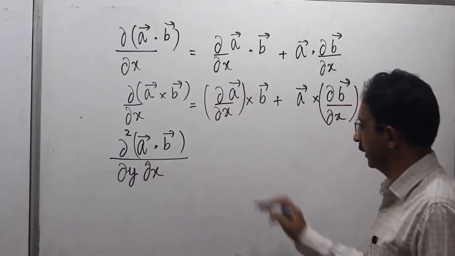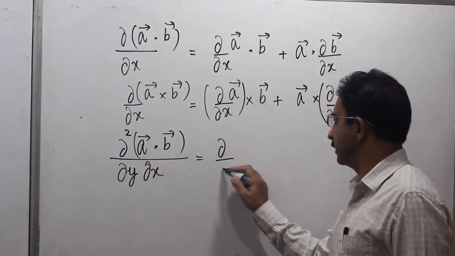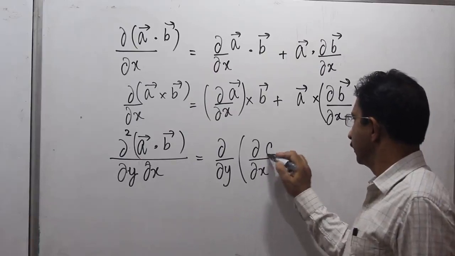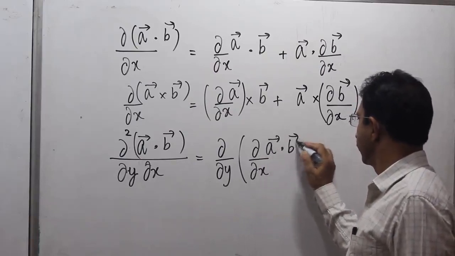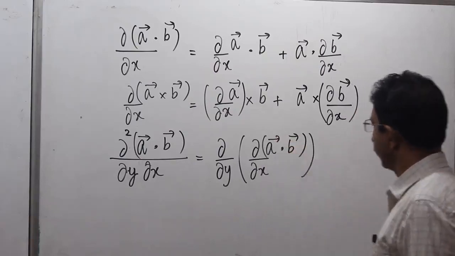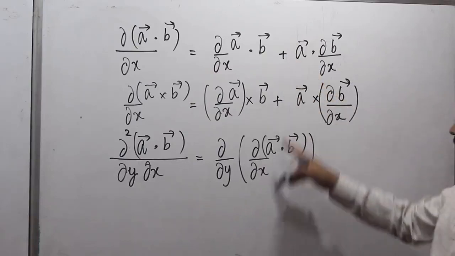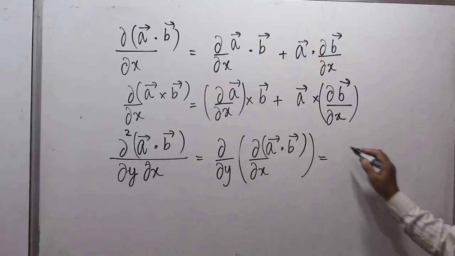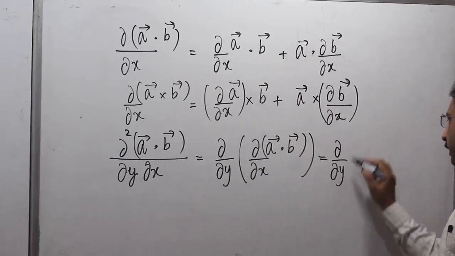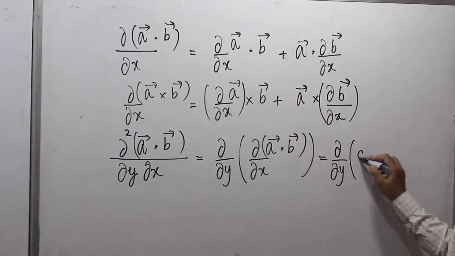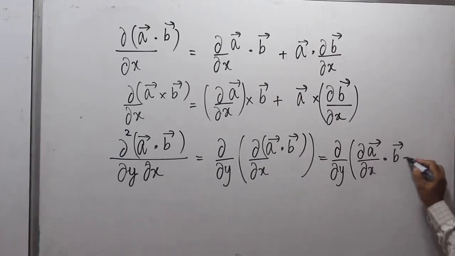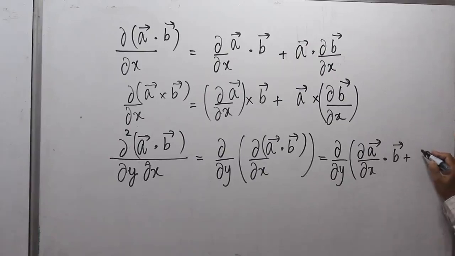You can do this as follows: I am differentiating with respect to y this derivative, so I have a dot b. Now you can use this form here, so that for this result I have the derivative with respect to y of the derivative of a dot b.